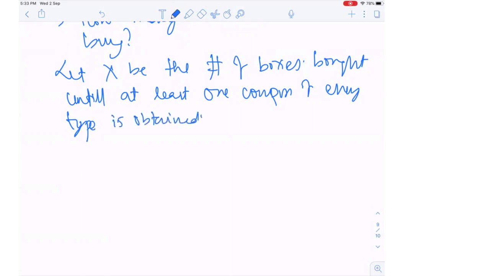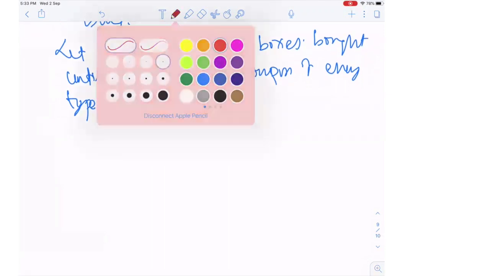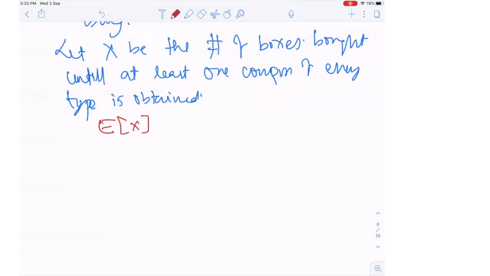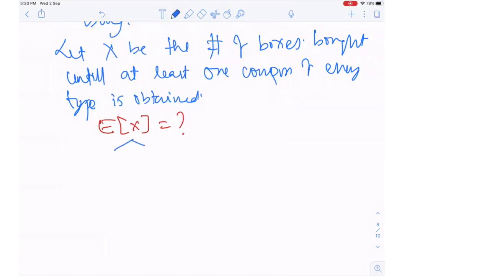And what are we interested in? We are interested in the expectation of X for now. So what we'll do is break up X into a bunch of geometric random variables and then apply our previous analysis on each of them to get an upper bound.